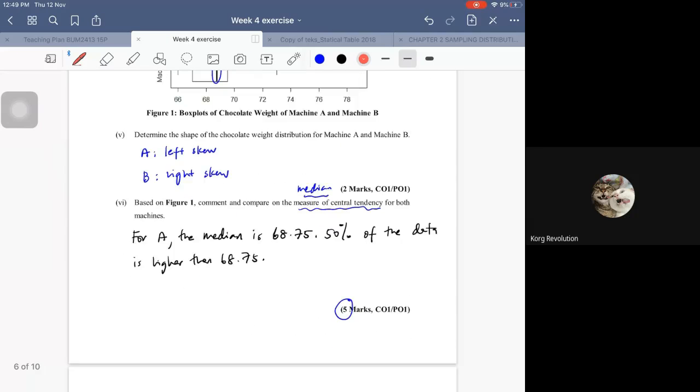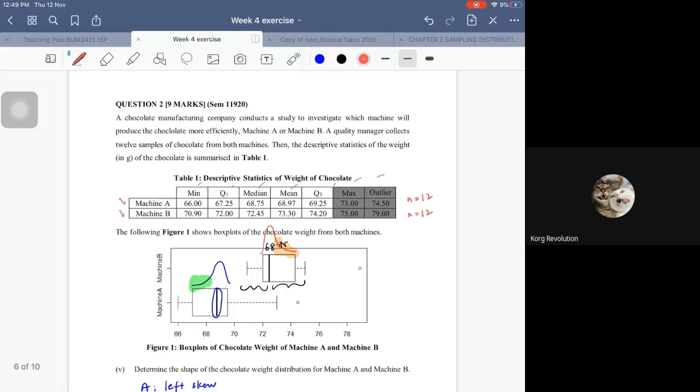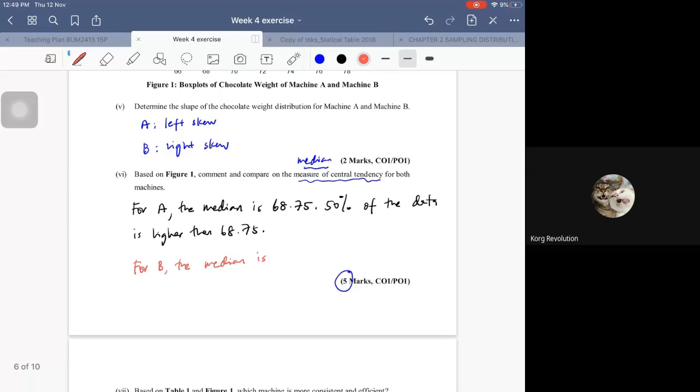And for the case of B, I'm going to say the same thing. So basically the median is, what's the median value for data B? That would have been 72.45. So it will be the same idea. 50% of the data is higher or lower than 72.45 grams.